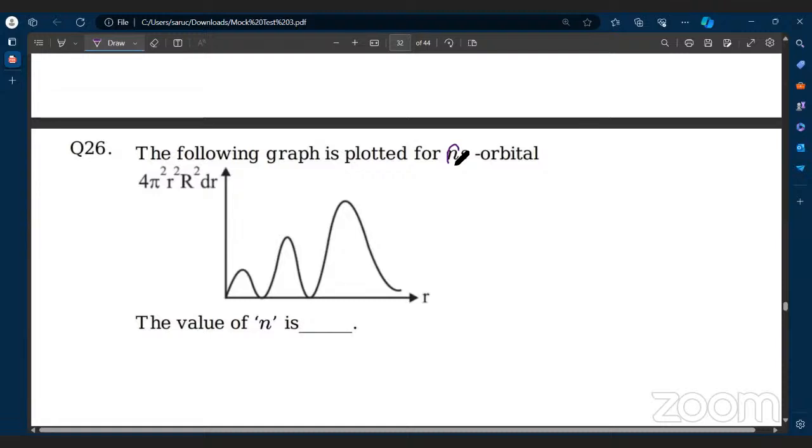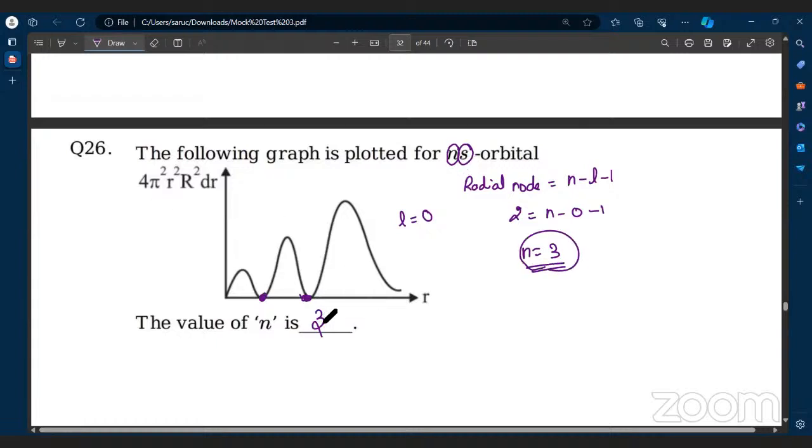You have 2 radial nodes. For an s orbital, what is the l value? 0. So what will be the n value? For the 3s orbital, you'll be getting this probability graph. So therefore, the n value is 3.